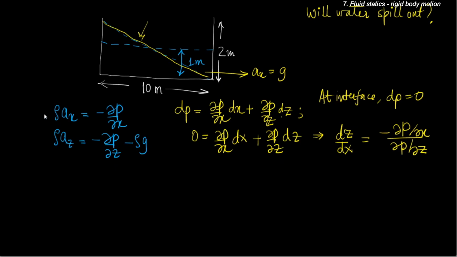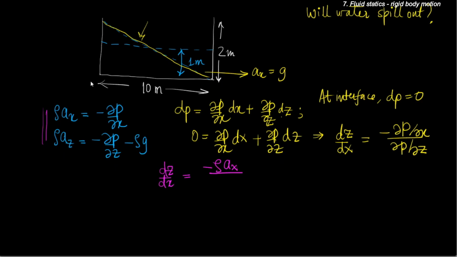Now substituting these values over here, we obtain dz dx at the interface is equal to minus rho times ax divided by del p del z.